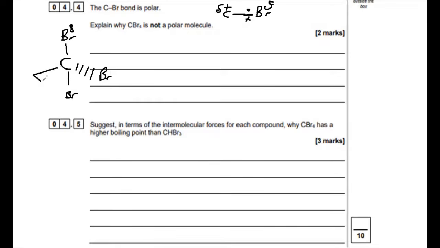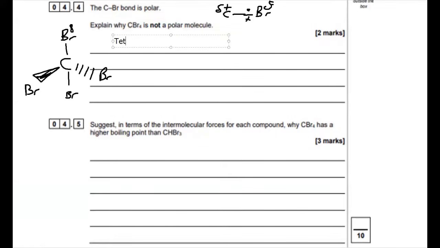And because of that, got to draw a wedge. That is a bad wedge, but because of that, they're 109.5 degree bond angle between each of these. So each bond is the exact same distance from each other and all the charges cancel out. The electron charge density is evenly distributed in this molecule.